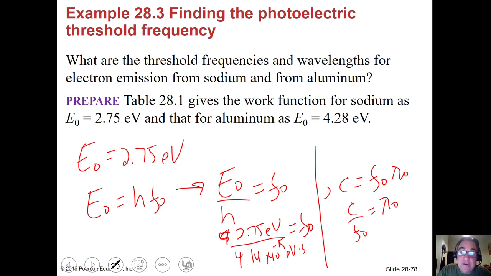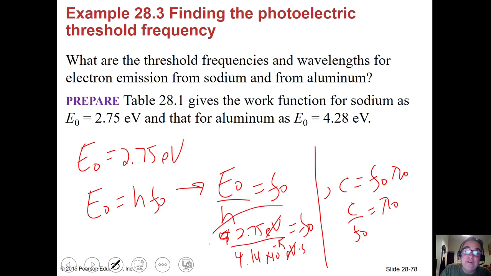And the reason I'm doing that is now this is an eV, this is an eV. The answer is in 1 over seconds, which is what a hertz is. So take 2.75 divided by 4.14 times 10 to the minus 15, and you get a really big frequency, something to the 14th power. It's about 7.5 times 10 to the 14th or something like that.